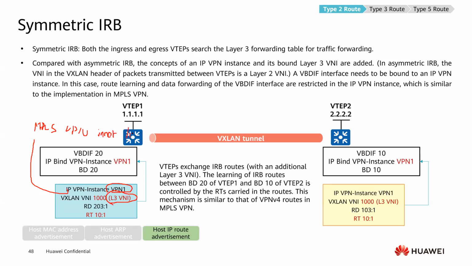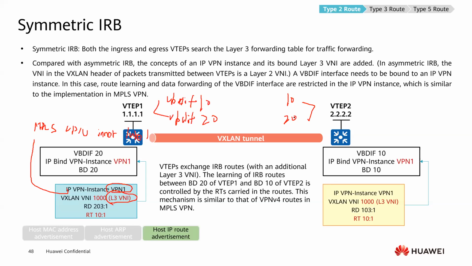So, for example, VTEP1 has two VBDIFs, VBDIF10 and VBDIF20. And VTEP2 also has two VBDIFs, VBDIF10 and VBDIF20. And for VTEP1, we configure an IP VPN instance. We call it VPN1.